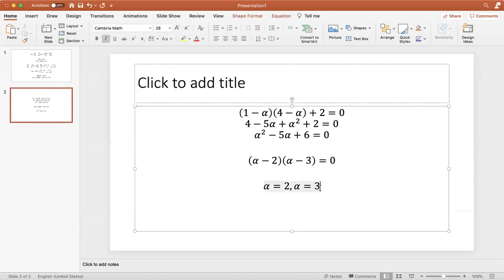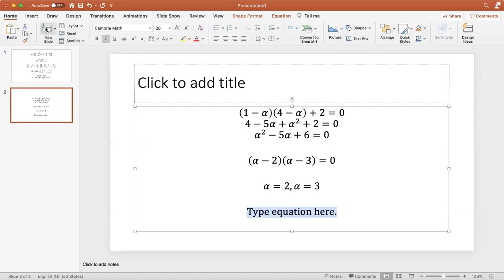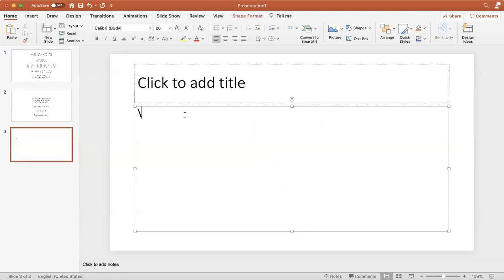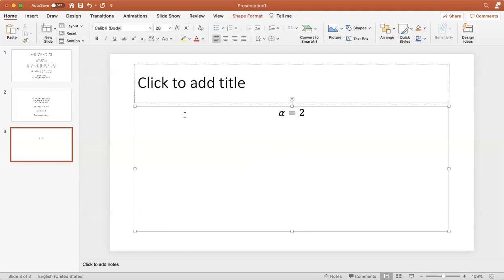Suppose we start off with alpha equals 2.